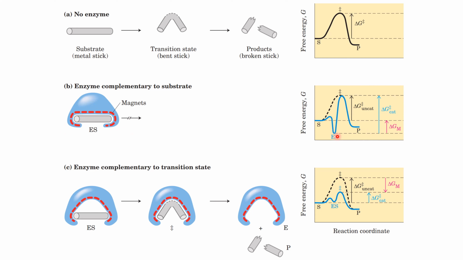It is such a stable form that ES has a much lower free energy than the original substrate. So it means that the gap of the activation energy has further increased for that transition state. So it means that this reaction is not possible.